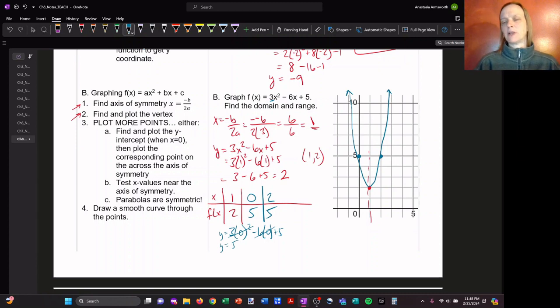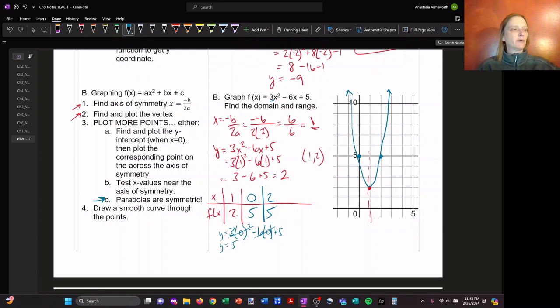I typically like to plot 5 points, but that's the best I can do in terms of fitting onto this page here. So we're using the feature of parabolas being symmetric to help us get more information about the graph using less work.